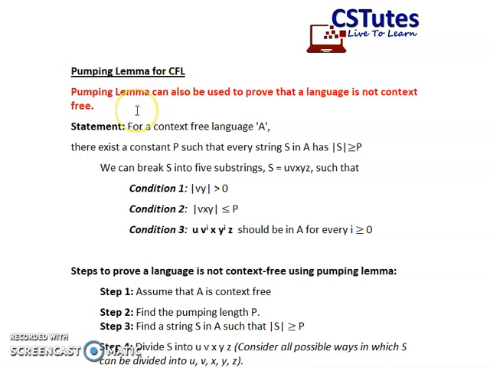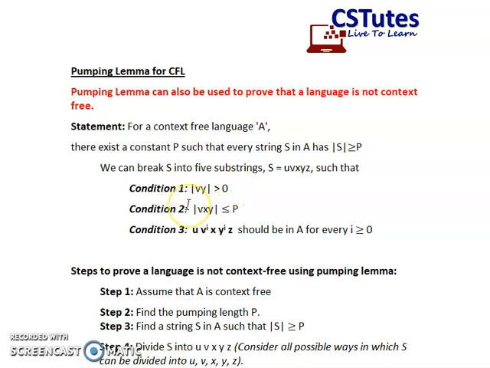If this particular condition is satisfied, then we can break our string S into 5 substrings. These 5 substrings can be represented as U, V, X, Y and Z. And these substrings must follow the 3 conditions provided over here. According to condition number 1, the length of substrings V, Y taken together should be greater than or equal to 0.